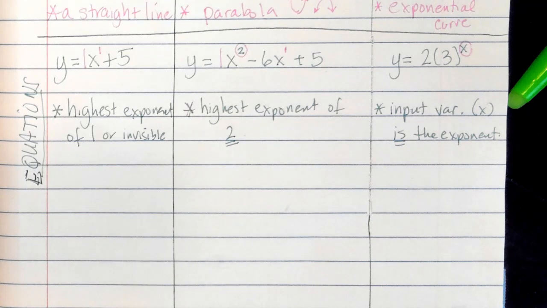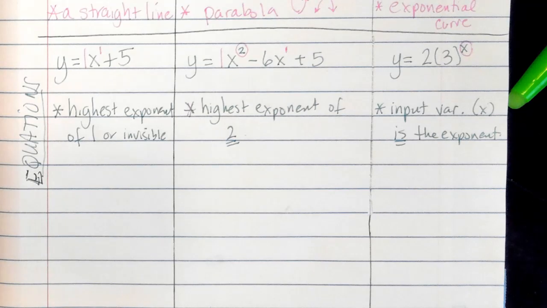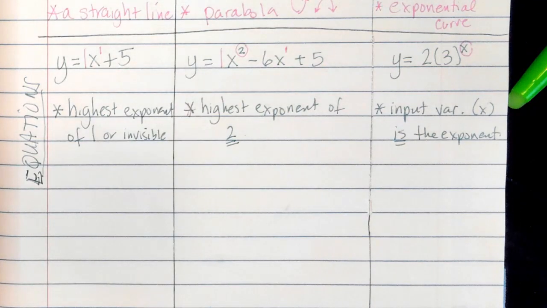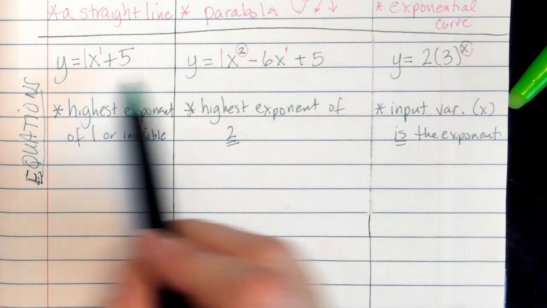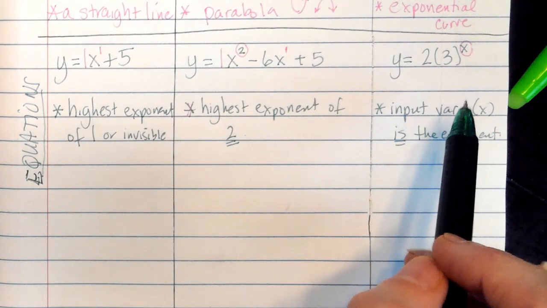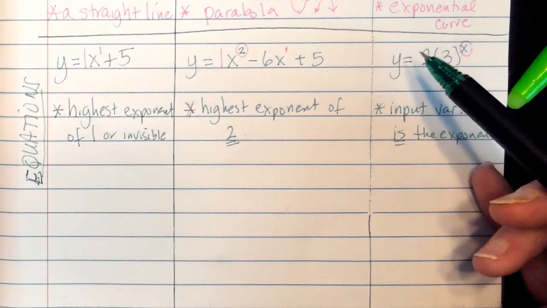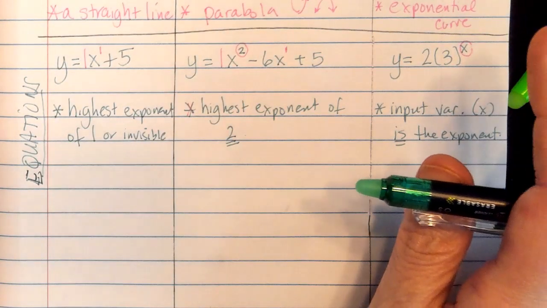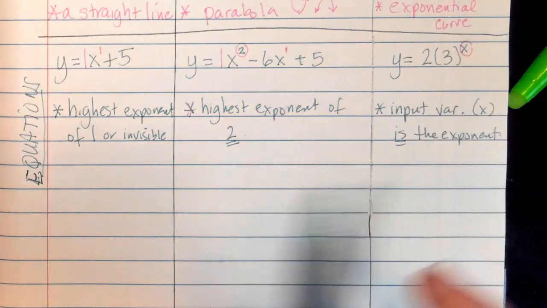So let's say I had like x to the negative 1. Well, hopefully you guys remember that when we have a negative exponent, that exponent moves into the denominator. We are not allowed to have exponents in the denominator for these 3 functions. So I can't have like 1 over x. I can't have variables in the denominator because that's a different kind of function. That's not our function. That's Algebra 2's function.